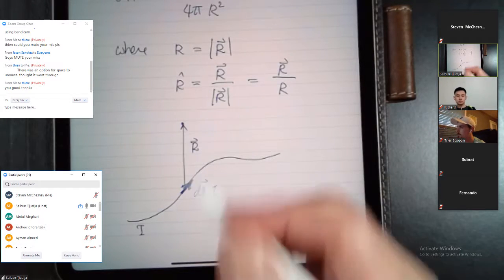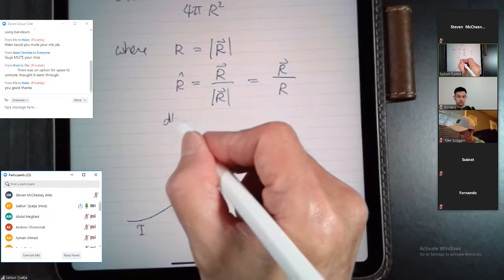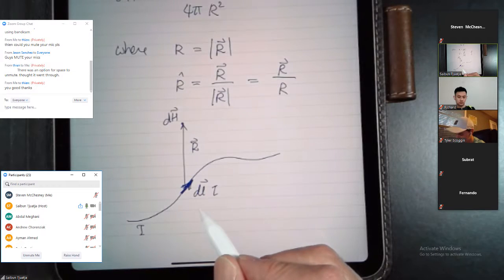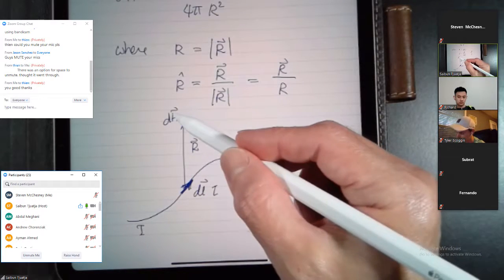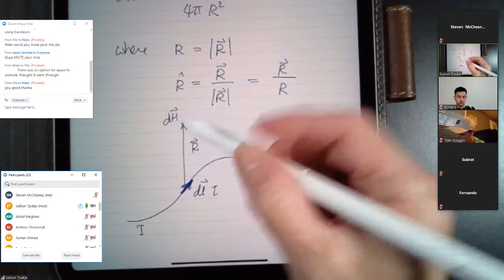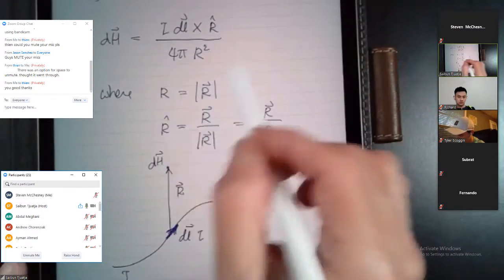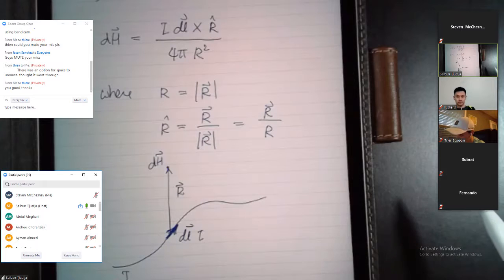So my dH at this location, due to this current element, has this r, and if I know this, I can find dH by the relation up here. Everybody see that? That's the whole idea. To solve test number 3, problem number 2, this is what you need to know. Any questions up to this point?